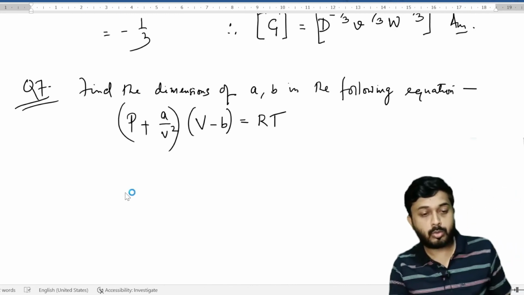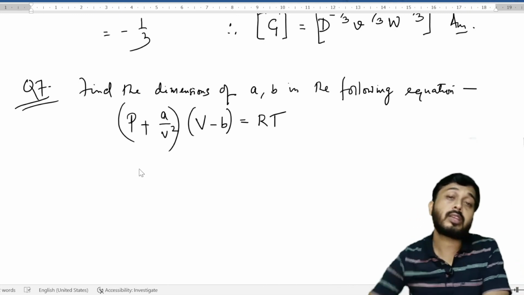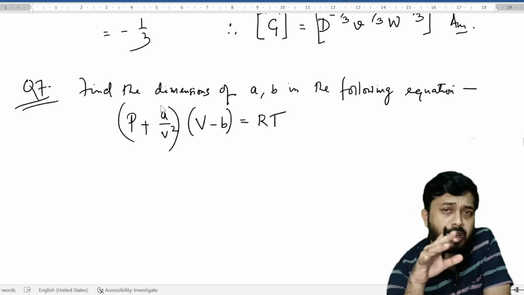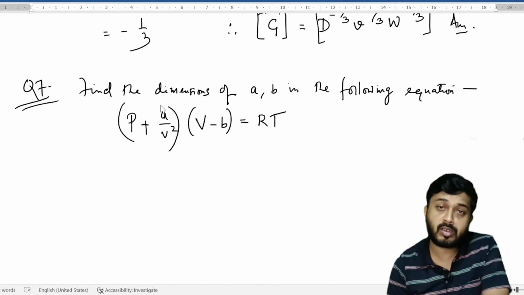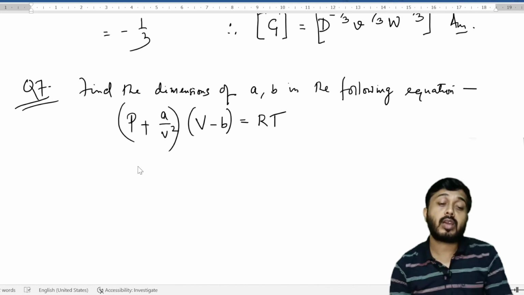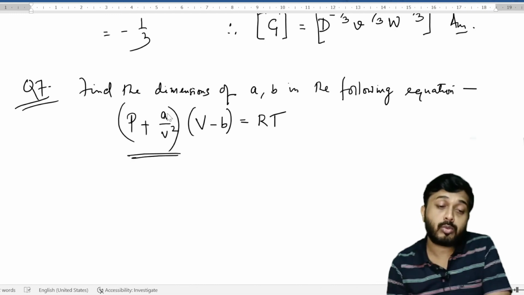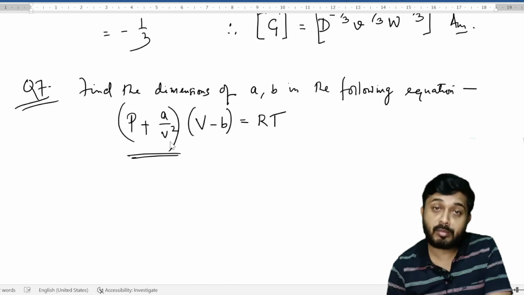Alright, so listen to what I told you in stating the principle of homogeneity. The terms or quantities having the same dimensional formula can only be added together or subtracted from one another, isn't it? Have a look at this equation closely: P has been added to A by V square, so P and A by V square should have the same dimensional formula.